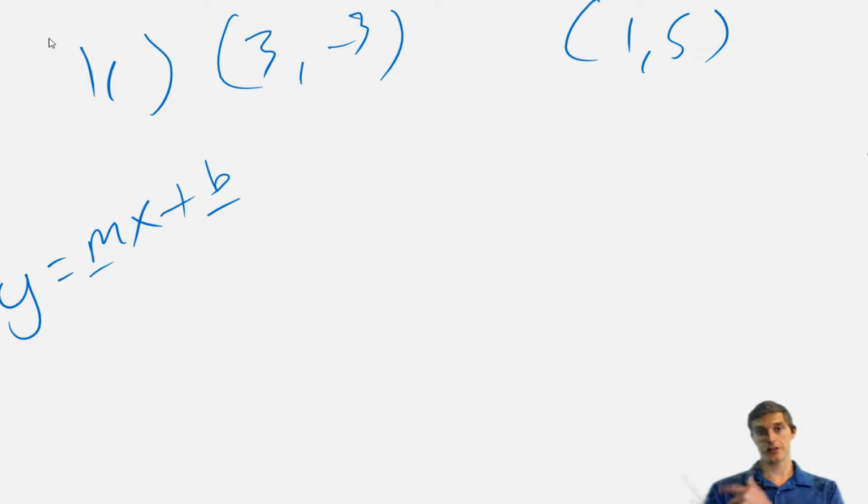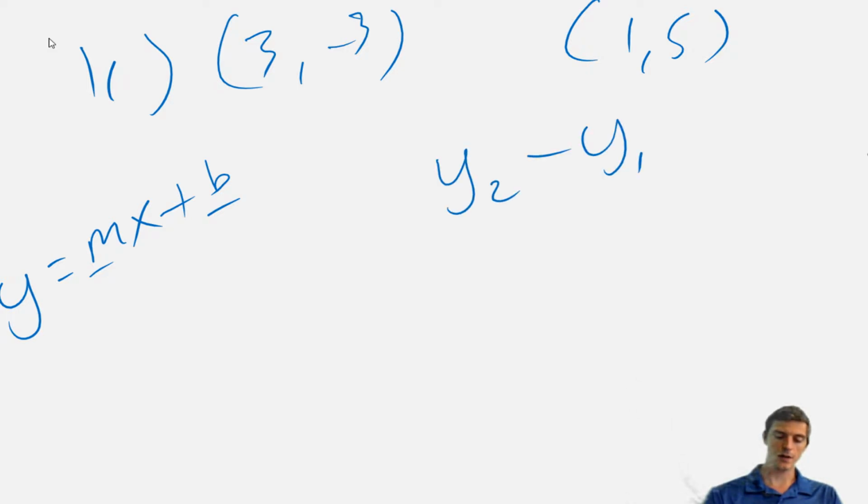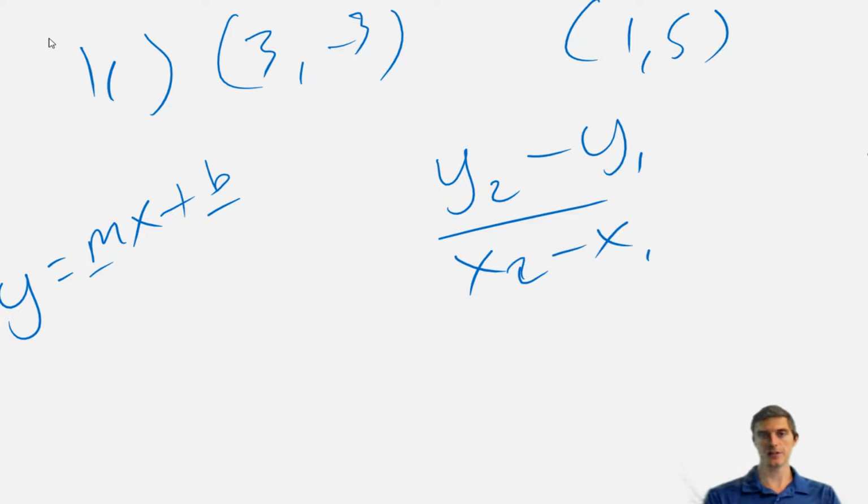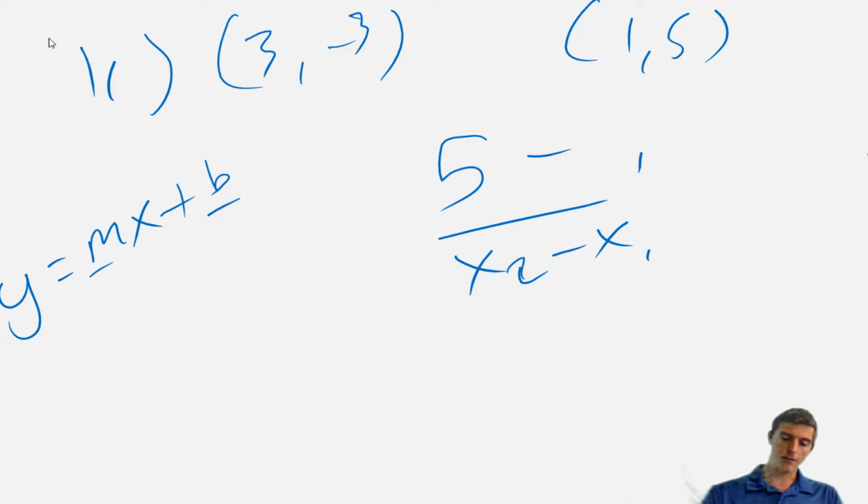So what I want to do first is find the slope. The way to find the slope between 2 points is y2 minus y1 over x2 minus x1. That just means the second y minus the first y divided by the second x minus the first x. So let's take a look at what that looks like. My second y is 5. My first y is -3. So careful, that's minus a -3.